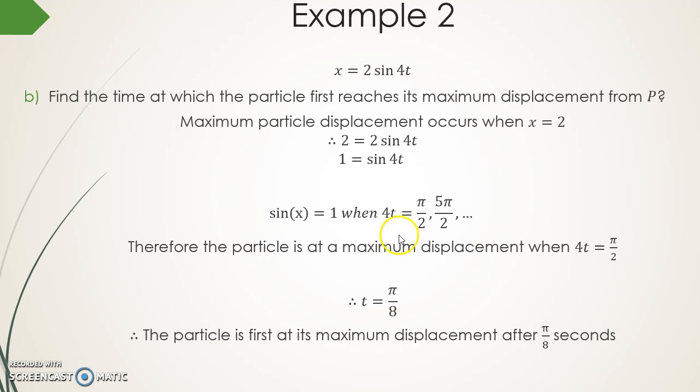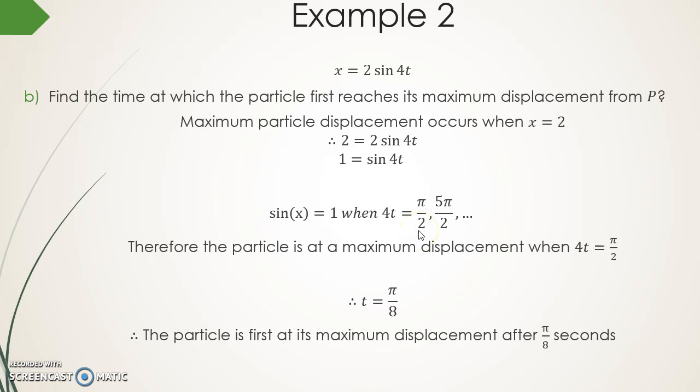Now we also know we have a maximum displacement when sine x equals 1, and that occurs at pi over 2, 5 pi over 2, 9 pi over 2, and so on. So again, we just equate 4t, what's after that sine, with these values here.